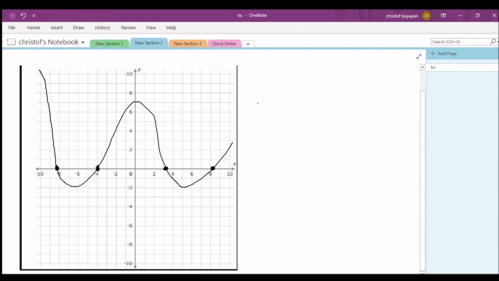Remember we said it's when the y value is equal to 0. Okay? So this is the key thing that we need to know here. It's when the y value is equal to 0. Or we could say when f of x, this is a function that we plot on the graph, is equal to 0.